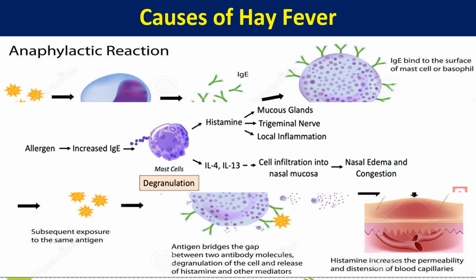Whenever a similar allergen recurs, it binds to this antibody associated with the mast cells, and ultimately it produces two different kinds of components.